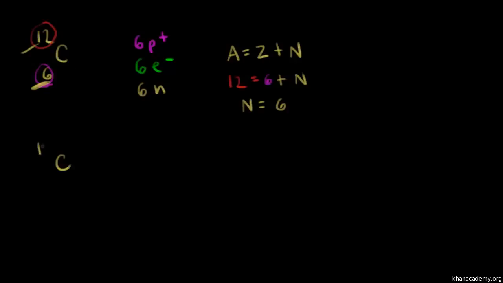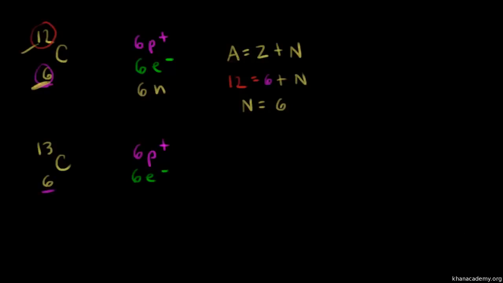So this is carbon, and this time we have a superscript of 13. Right, so the atomic number doesn't change when you're talking about an isotope. If you change the atomic number, you change the element. So there's still 6 protons in the nucleus of this atom. And in a neutral atom, there must be an equal number of electrons, so 6 electrons.